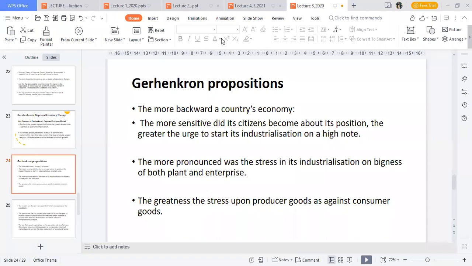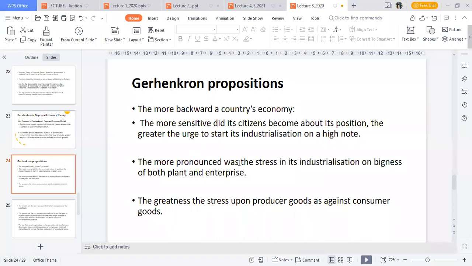So the more sensitive, or the more deprived you are, the more burden it puts on your people to become industrialized. Once you are burdened, you try to work things out. So it kind of gives the citizens responsibility to actually do something.